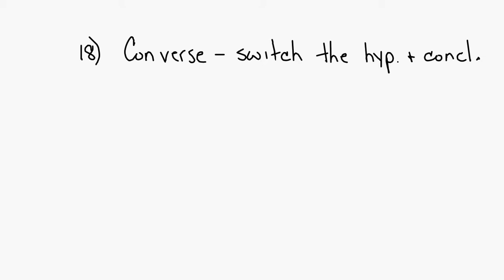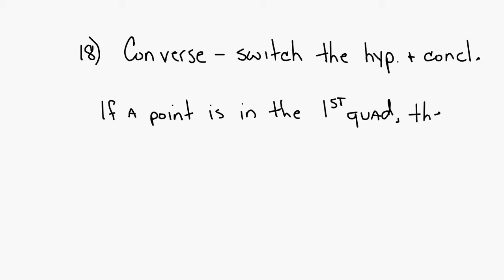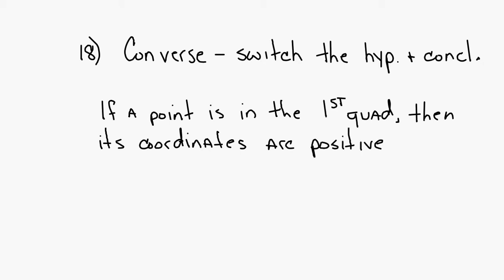So you're told that if a point is in the first quadrant, then its coordinates are positive. All right, and they ask you for the converse of this statement.